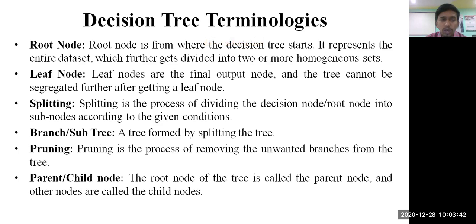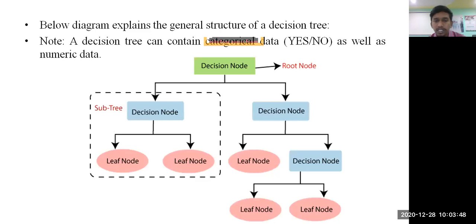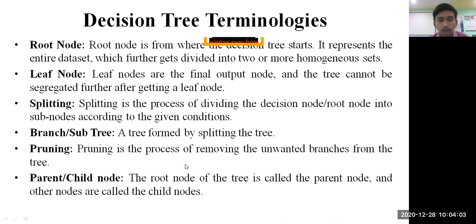A root node represents the entire data set, which further gets divided into two or more homogeneous sets. As you can see here, initially you have a decision node, and from it you follow sub-branches which can be taken as decision-making parameters. They are called a subtree with a decision node and leaf node.